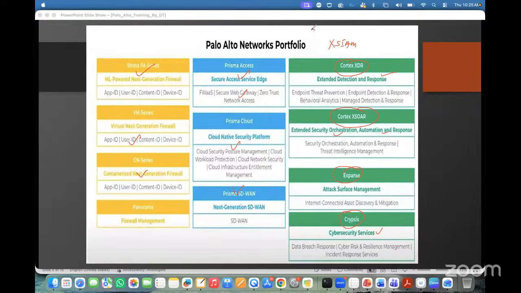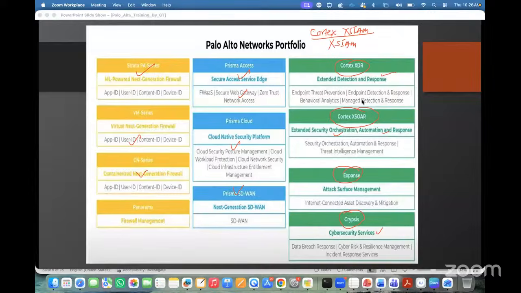So you're going to find Cortex XDR. What is Cortex XDR? That is Cortex Extended Security Intelligence Automation Management. So this is going to be there, and based on that, you can do everything. Like if you want to do endpoint threat prevention, you can do that.